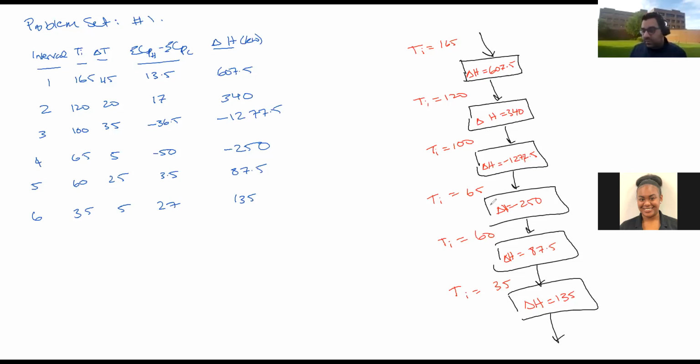Okay, so now I'm going to calculate one parameter, which is the heat in each interval. So in your base case design, if you don't add any heat, you don't remove any heat, just exchanging heat between the streams, your amount of heat put in is 0, so QH is equal to 0. After the first interval, 0 plus 607.5, 607.5, or we can call it Q1, maybe it's easier.